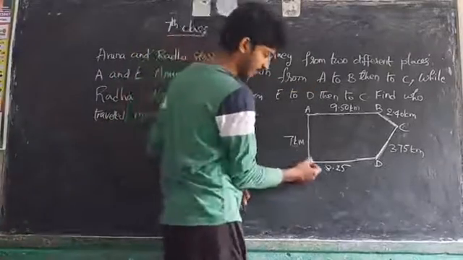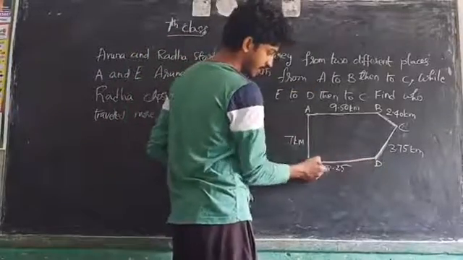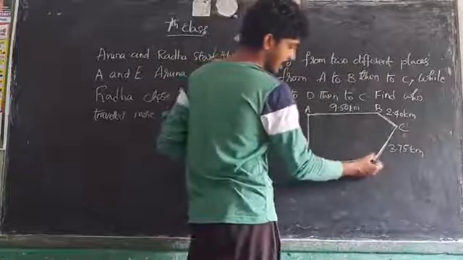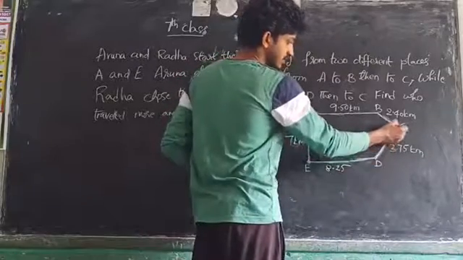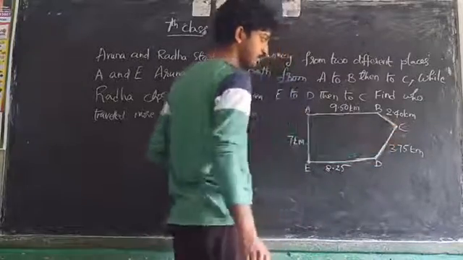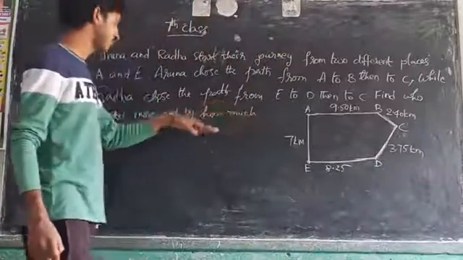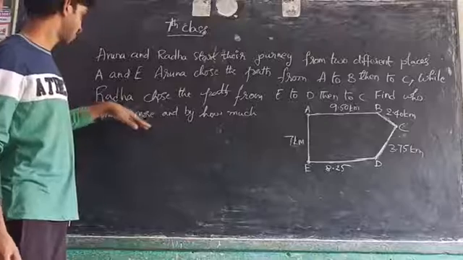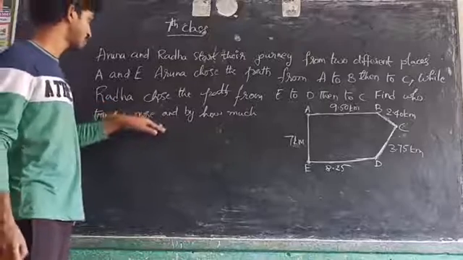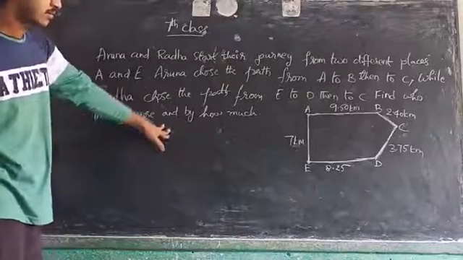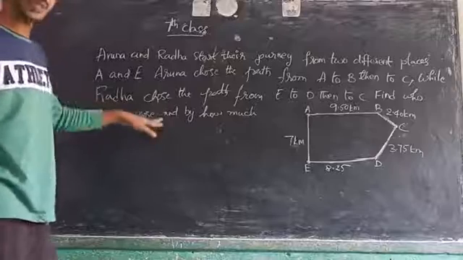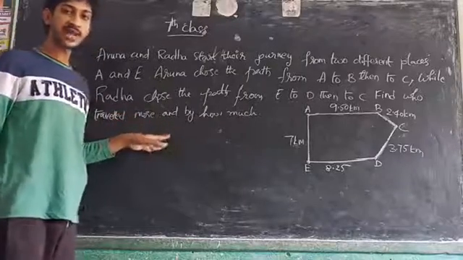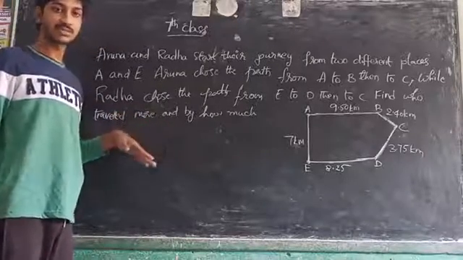Radha chose this path from E to D and then to C. Now find who traveled more distance and by how much. So here it is asking for the total distance traveled by whom and how much.